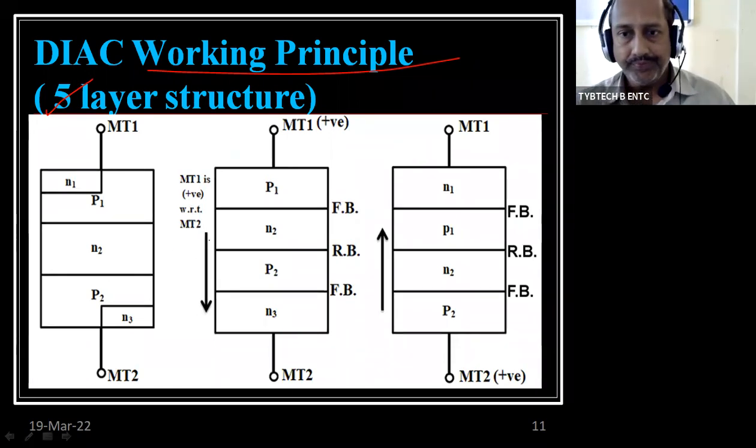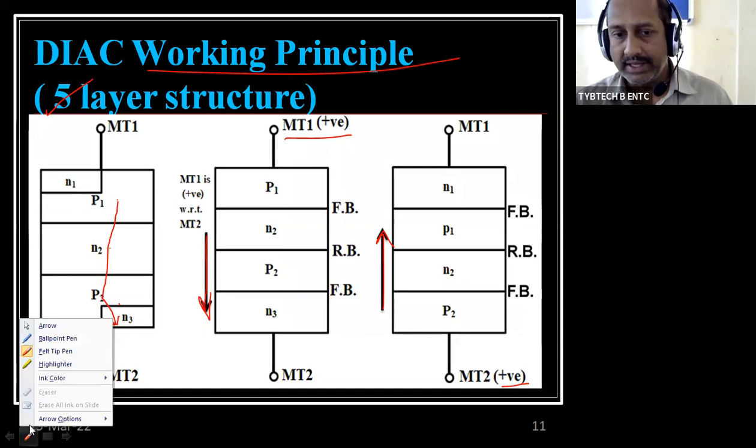In the first diagram, when MT1 is positive, the current flows in the downward direction, and when MT2 is positive, the current flows in the upward direction. Even though it is a 5-layer device, during this current flow it uses only P1, N2, P2, N3 in this direction.